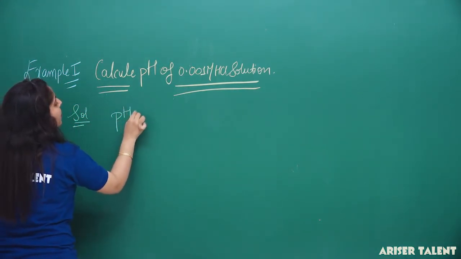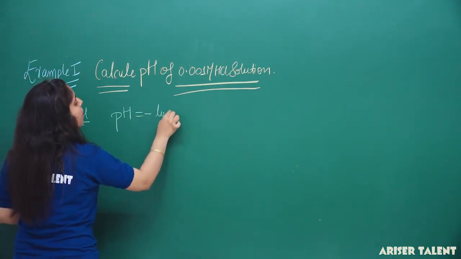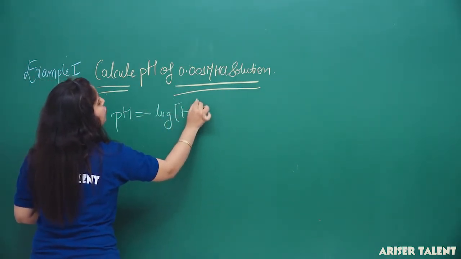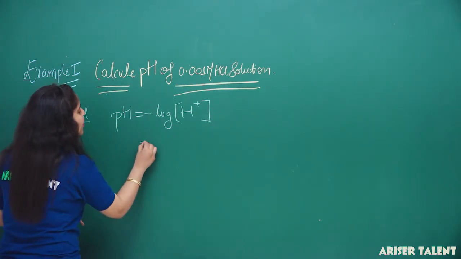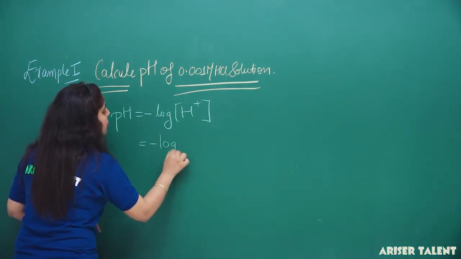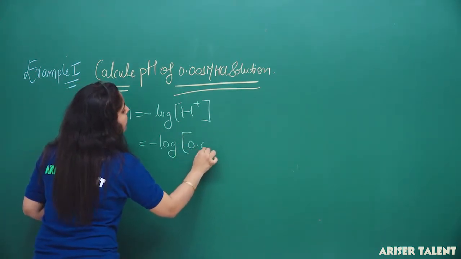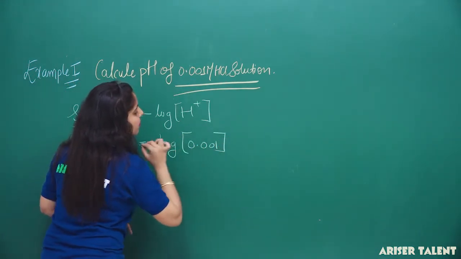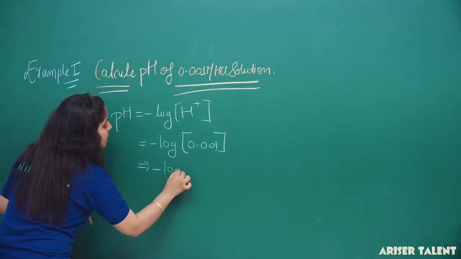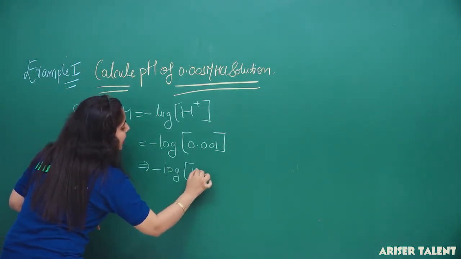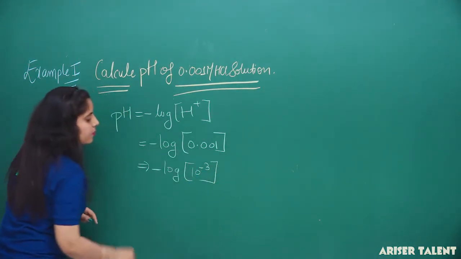We know pH is equal to minus log hydrogen ion concentration. So we will substitute minus log 0.001 for the hydrogen ion concentration. I can write it as minus log 10 raised to the power minus 3.